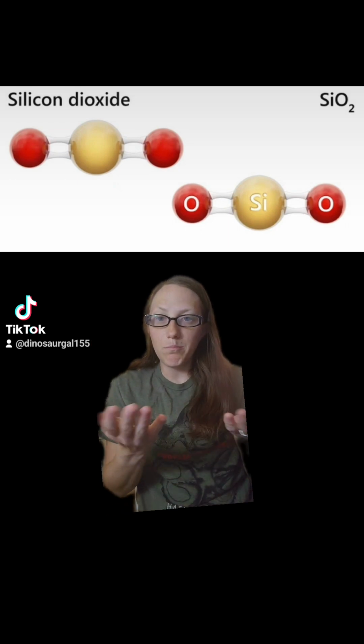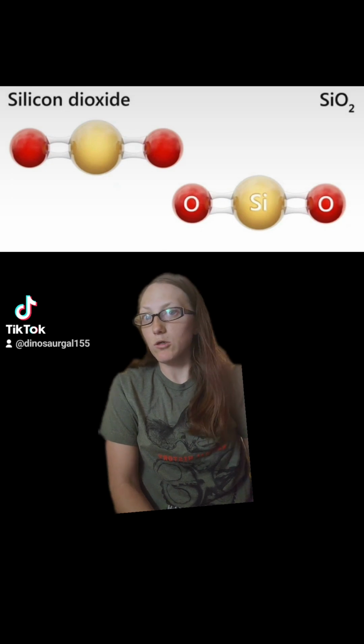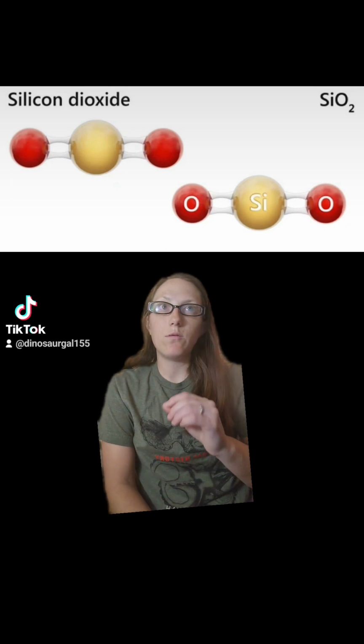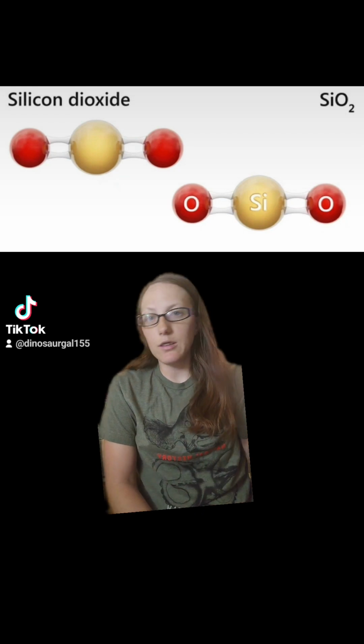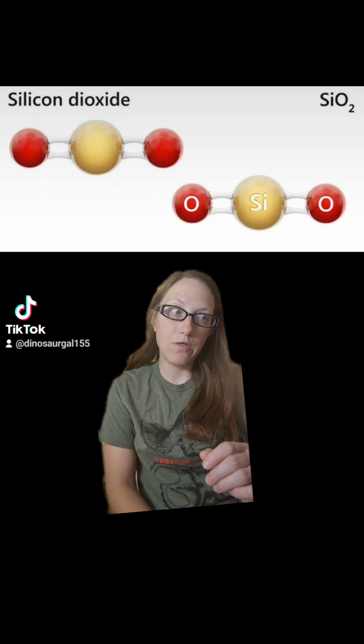But at the very, very base of it all, silicon dioxide is the chemical formula. So whether it's amethyst or chert, agate or chalcedony or rose quartz or whatever, they all have this chemical formula. So what makes them different? It really is based on how they are formed, how they're created.